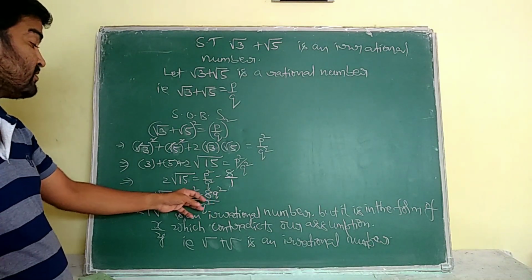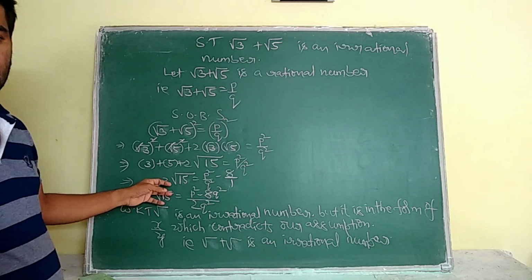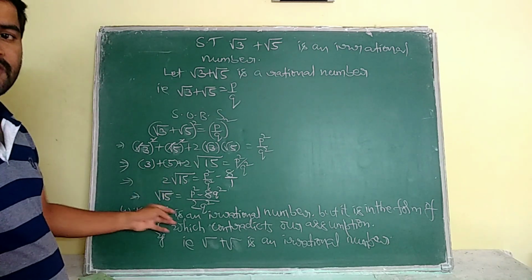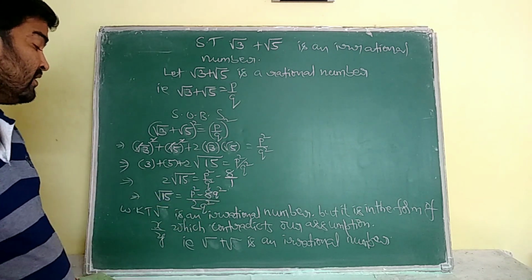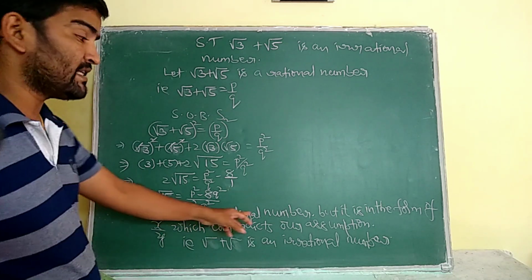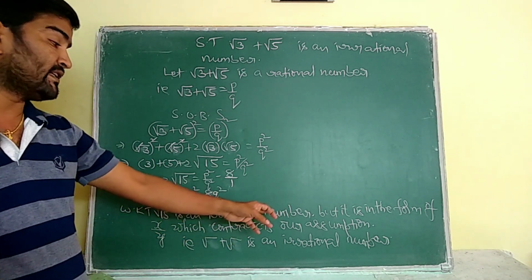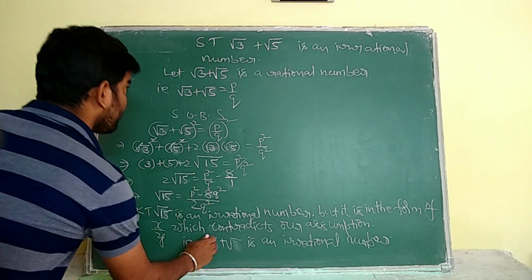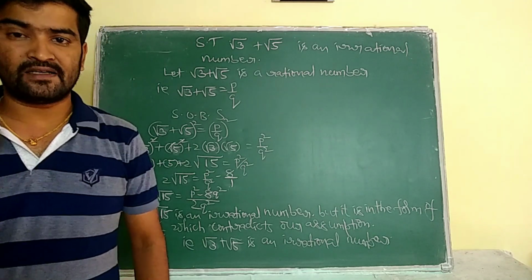So p square minus 8q square, and the 2 which multiplies goes to the other side and divides. So root 15 is equal to p square minus 8q square by 2q square. We know that root 15 is an irrational number, but it is in the form of x by y, which contradicts our assumption. That is, root 3 plus root 5 is an irrational number.